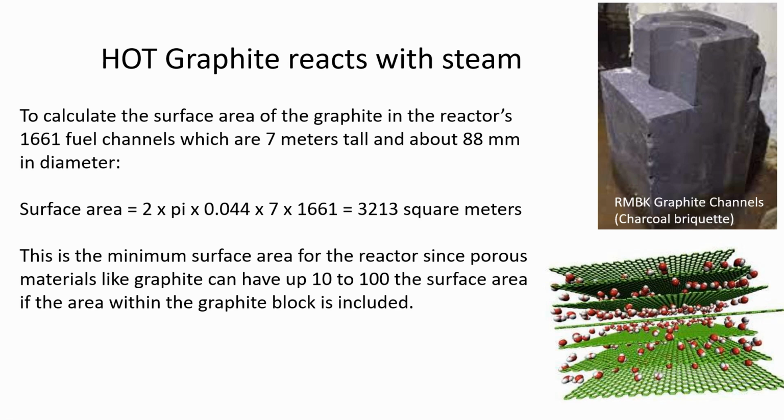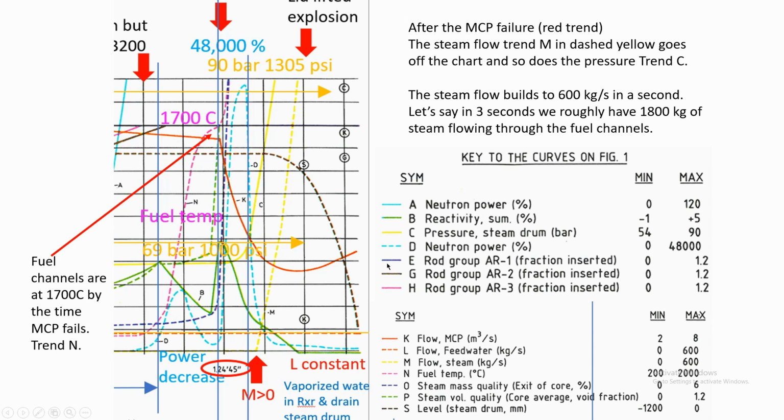From our handy dandy strip chart, after the MCP fails in the red trend, flow M in yellow, the steam flow climbs from 0 to 600 kgs per second in 1 second. Note the typo on the strip chart. It's 123:45, not 124:45.